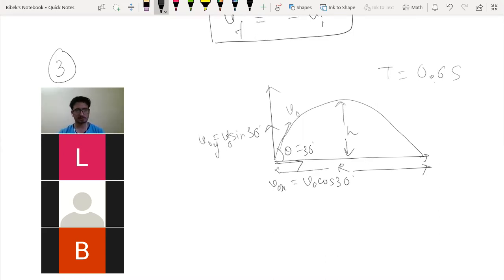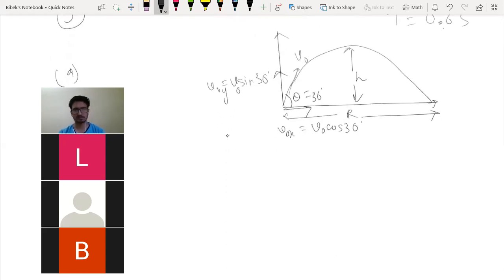So I think the first part, part A, asks you to find the y component of the velocity. To find that, we can use the equation of motion. So we'll use v final equals v initial plus acceleration times time.